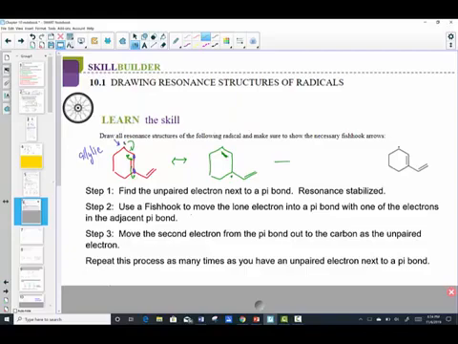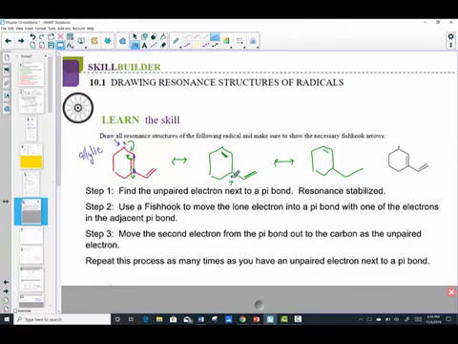Now something interesting happens here as well. I have a second pi bond that meets the criteria of an allylic position. Here's a lone electron in the allylic position of this double bond. So we can draw yet another resonance stabilized structure.